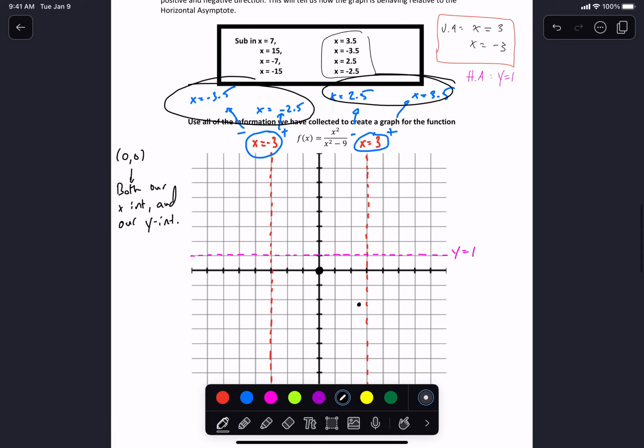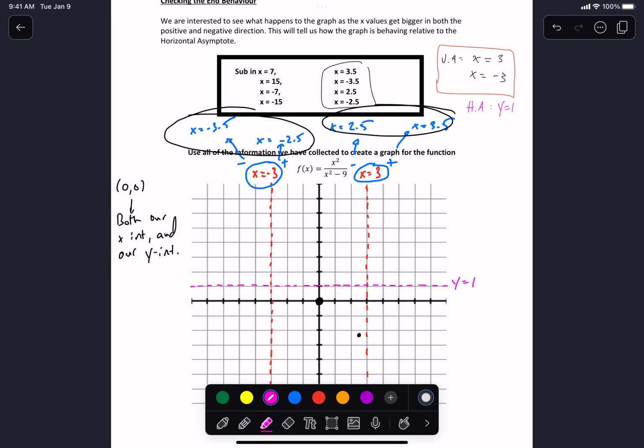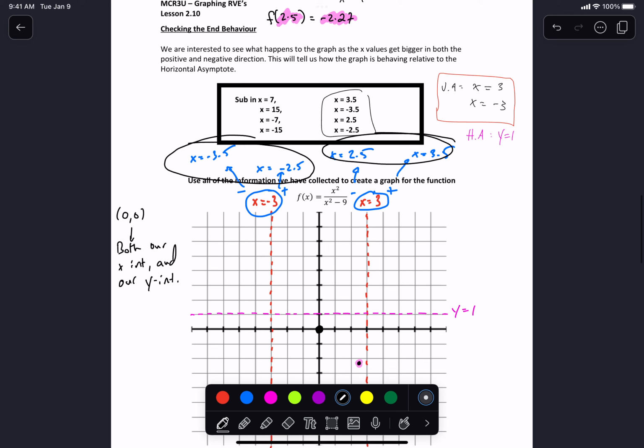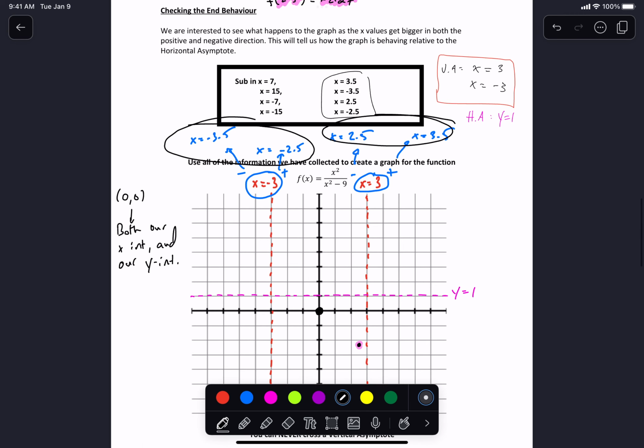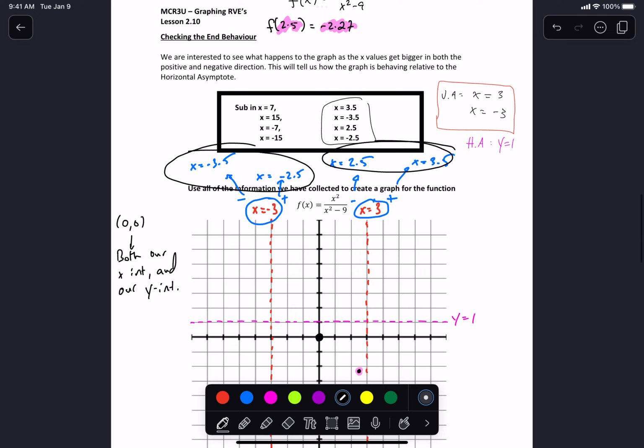Here, maybe I'll highlight the point so you can see where stuff came from. Okay, let's do another one. Gabe, you got a question? You're stretching. Oh, it's stretching, sorry. Okay. What if I evaluate at negative 2.5? Okay, if I evaluate there, I get the same thing.